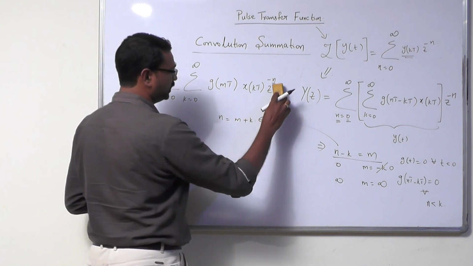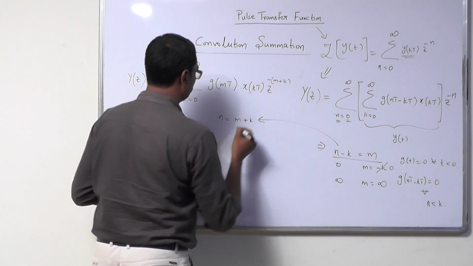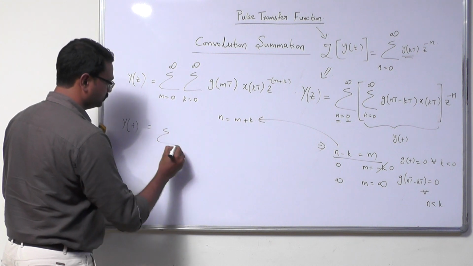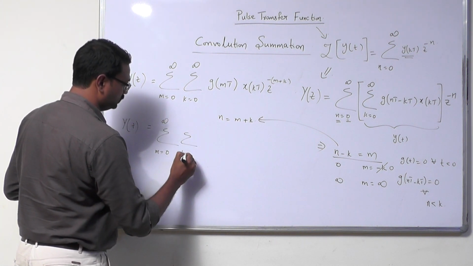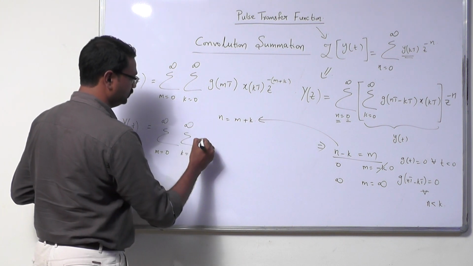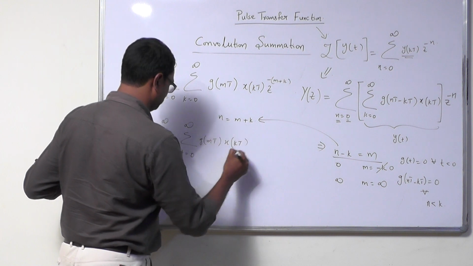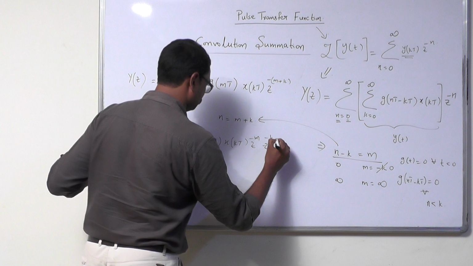So when I replace n with m plus k, I have this equation written as sigma m is equal to 0 to infinity, sigma k is equal to 0 to infinity, g of mt x of kt z power minus m z power minus k.